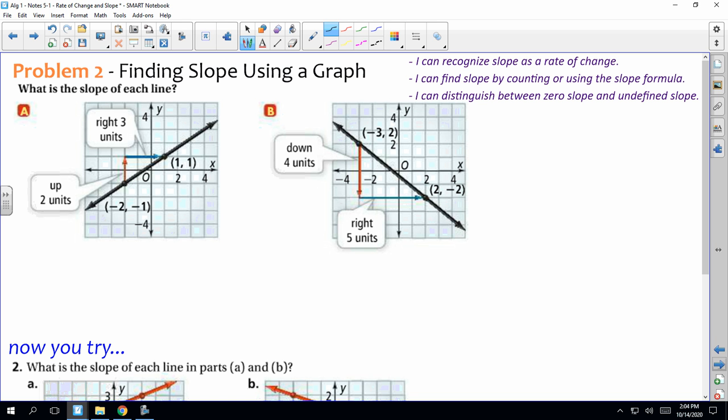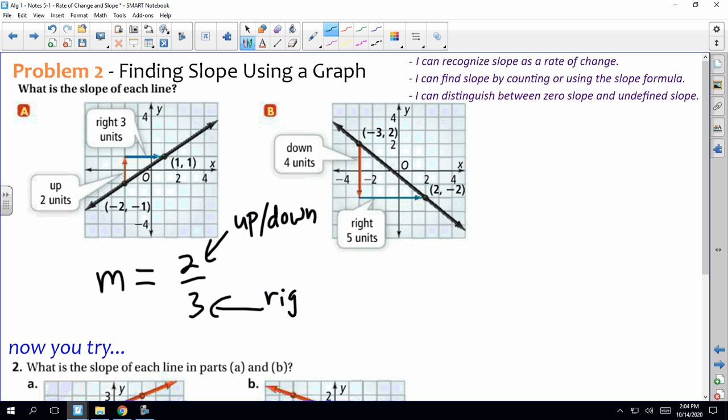So I go up 2 units and right 3 units, which gives me a slope, m, equal to 2 over 3. The 2 is the up or down amount, or the vertical rise, we called it, and the 3 is the right or left amount.